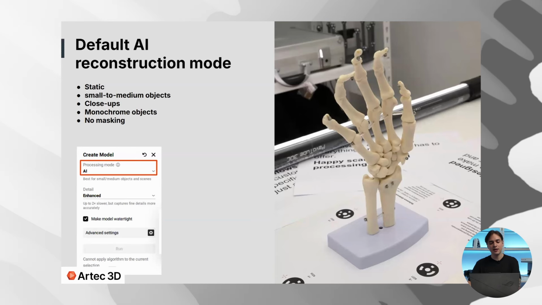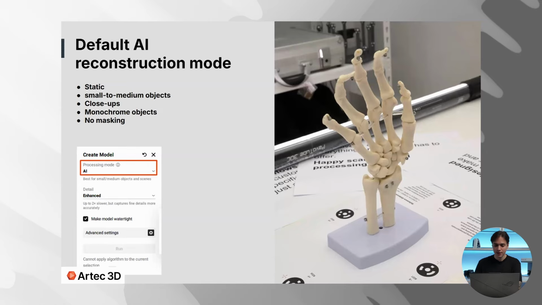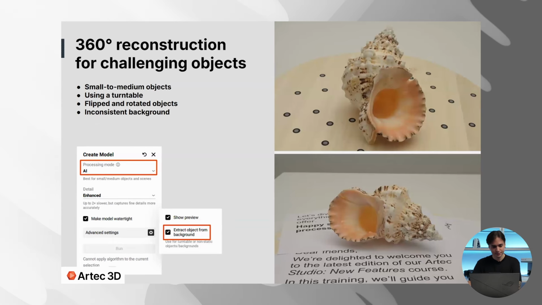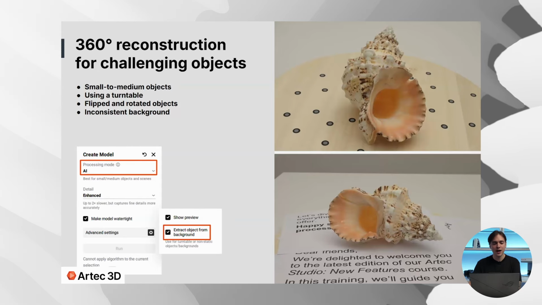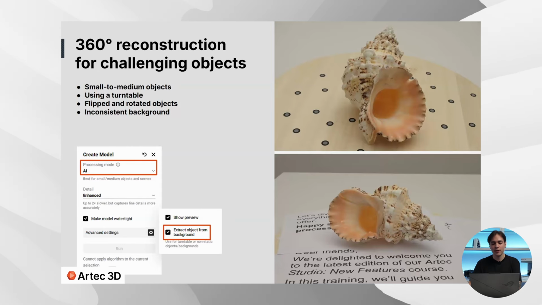in different orientations. Then if you are going to flip or rotate your object, if you are going to film your object on a turntable, or if you would like to get a 360 reconstruction by scanning it in multiple different orientations, then the AI mode with masks would work really well for that.